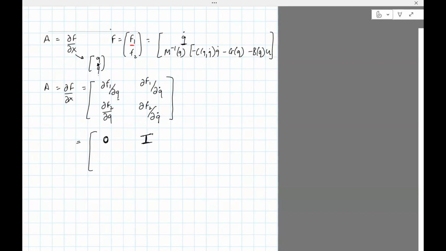Then we have df2 dq. We need to take this thing here and take its derivative with respect to q, and then take its derivative with respect to q dot.